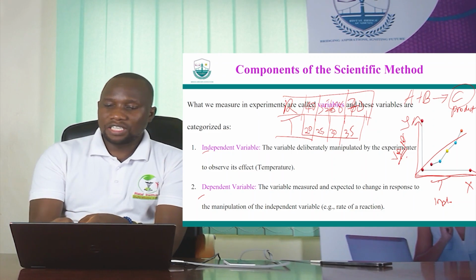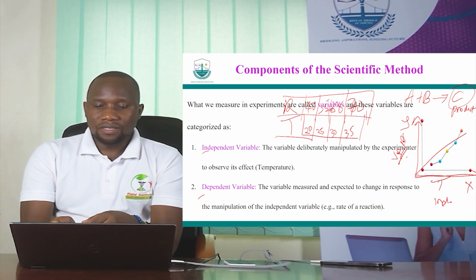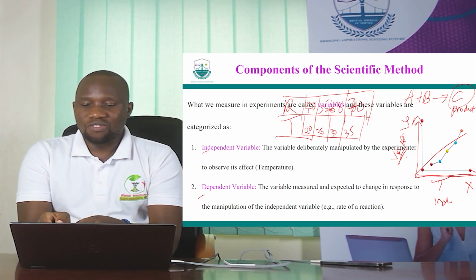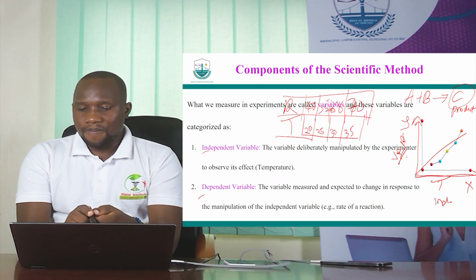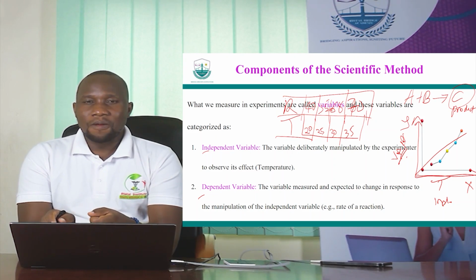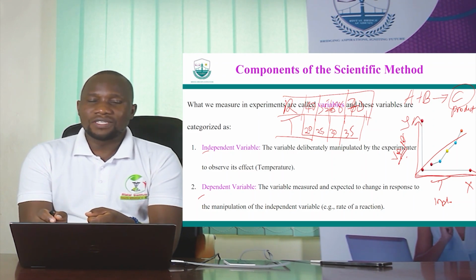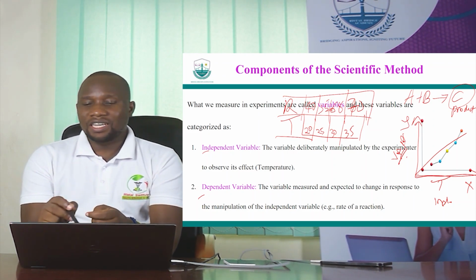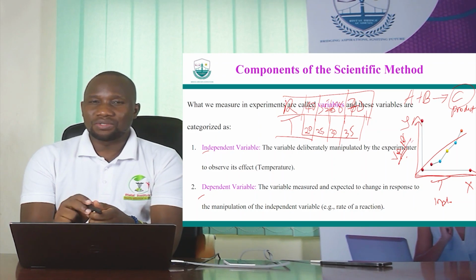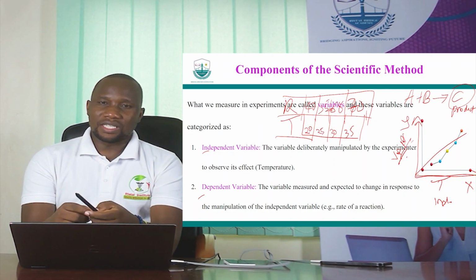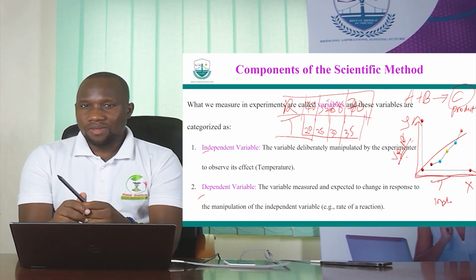We have only looked at these two, the rate of reaction as reflected by the volume of the product against the temperature. Assuming that only the temperature is influencing this, there could be another factor that is influencing the rate of production of the product, or the rate of reaction generally. So you need to be aware of such issues.